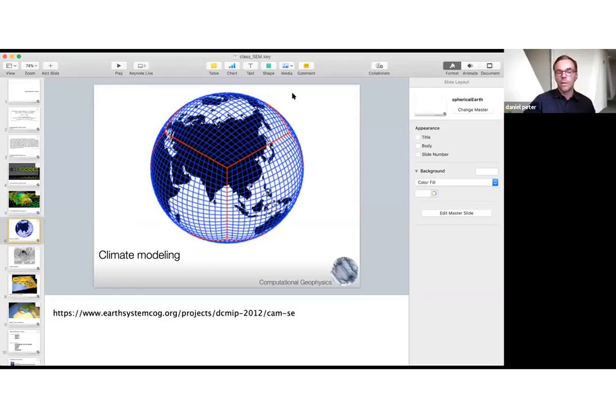Then you would have very small point differences, a very dense grid around the poles, and it coarsens out around the equator. So this cubed sphere meshing helps a little bit to even out the resolution of the grid. It doesn't have these pole issues.